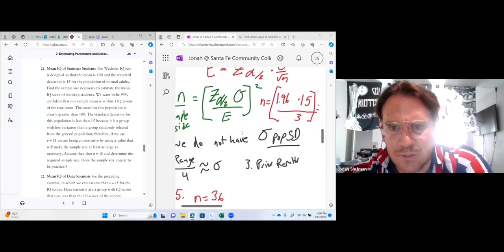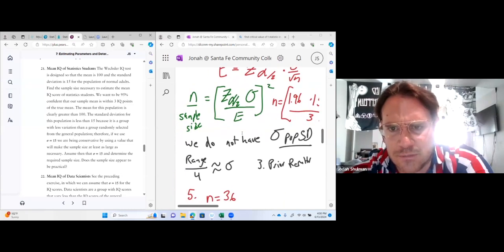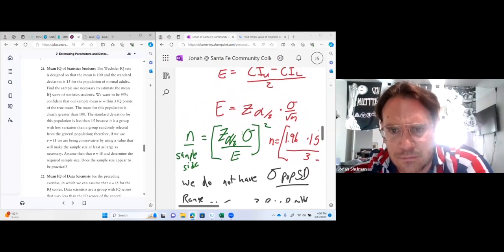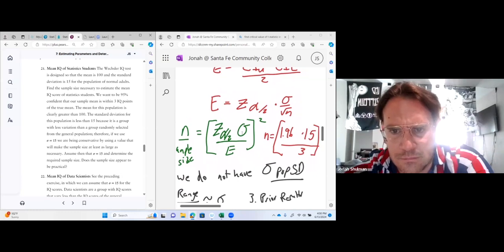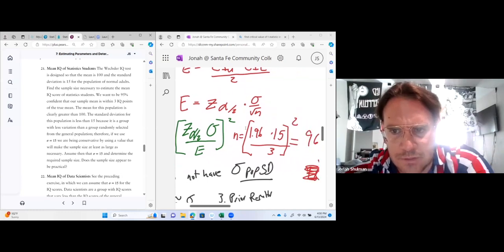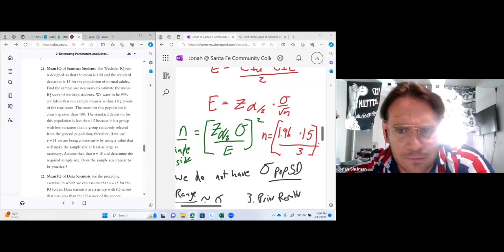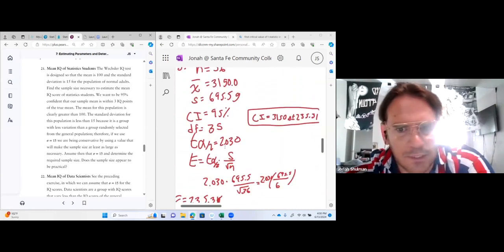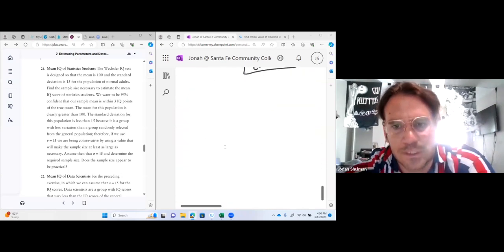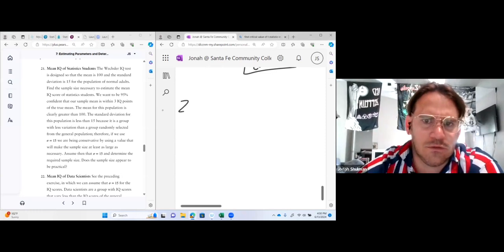So z-score, and then we have this, and then we divide it by e. So z-score, standard deviation divided by e. I'll do 21 just to get you going for the next one.